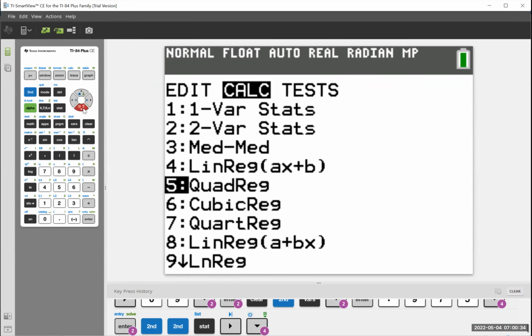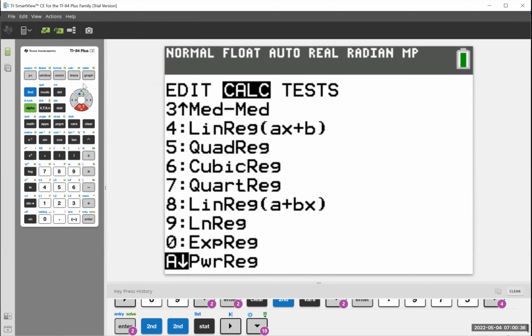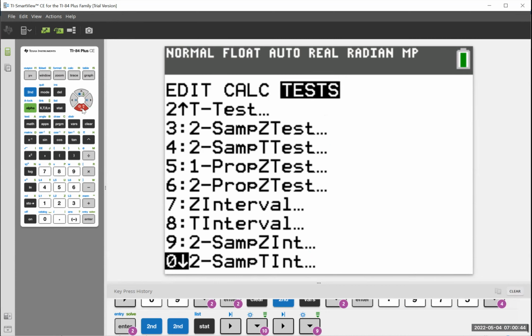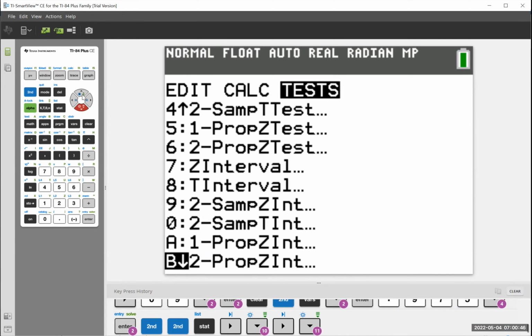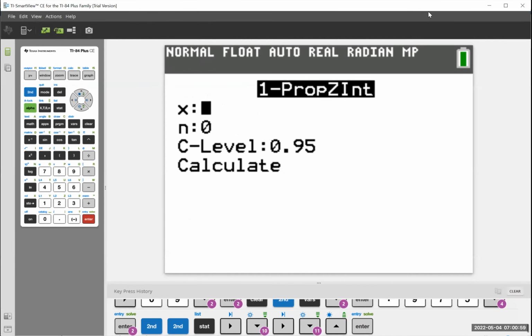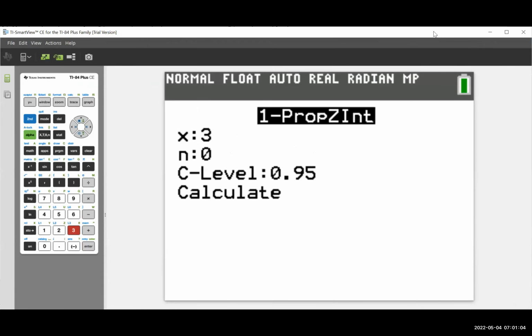What we're going to do is a one prop z interval. Now, the x, if I recall correctly, is 30. And this is going to be 56.